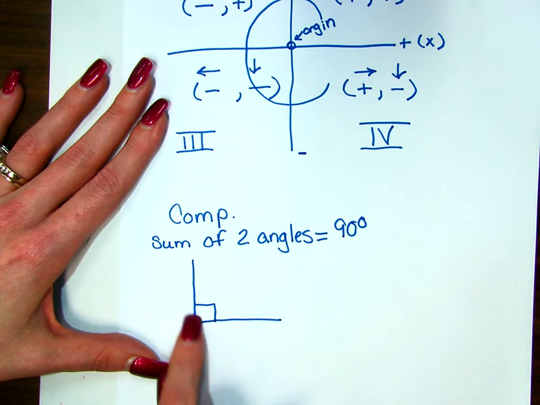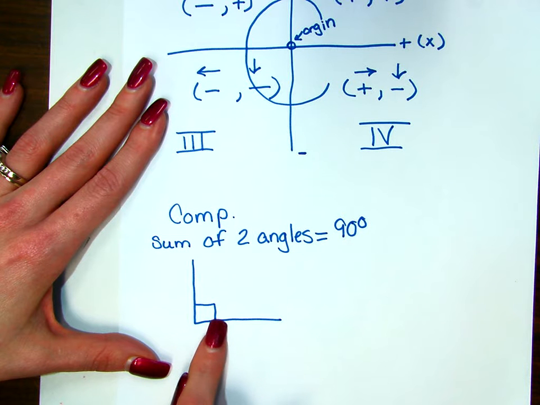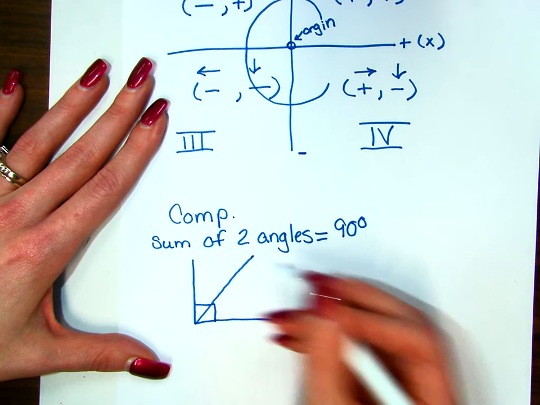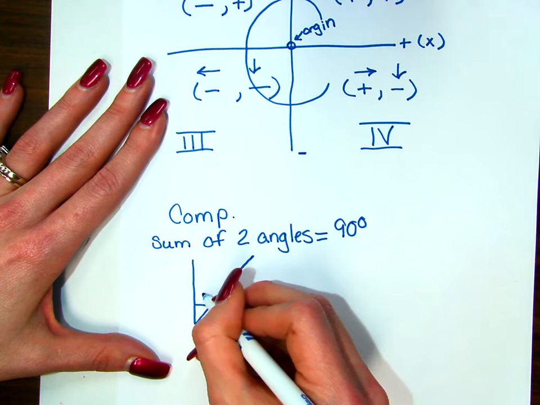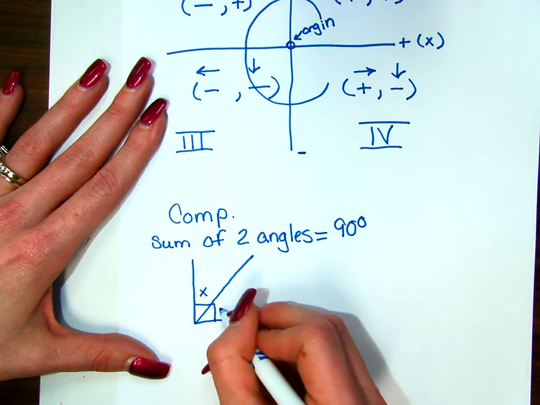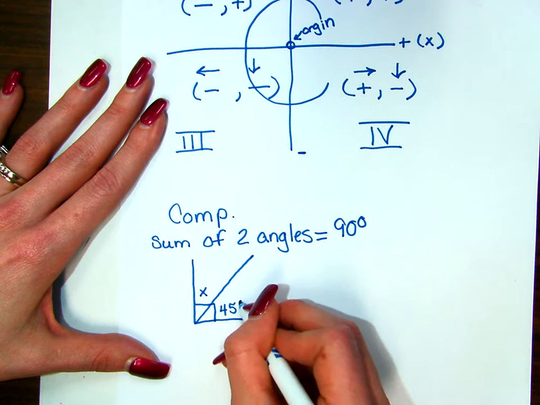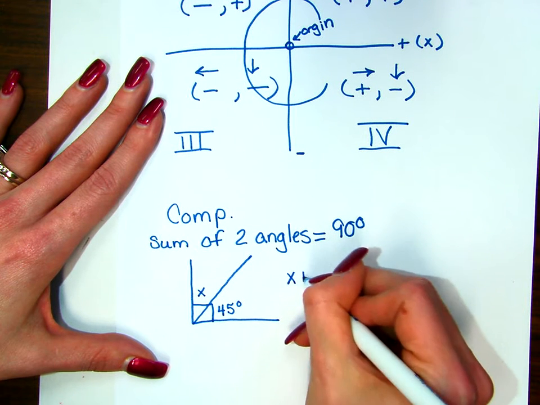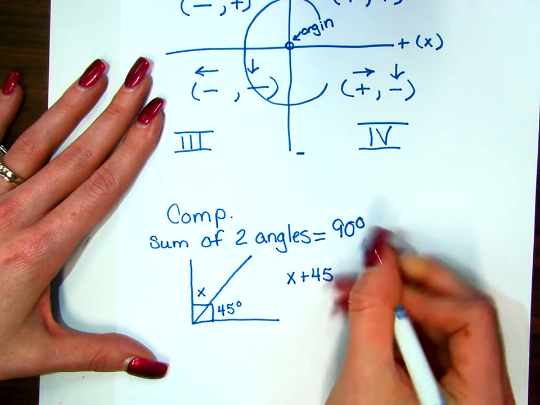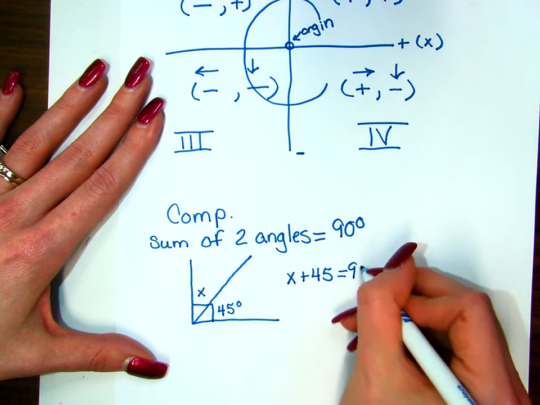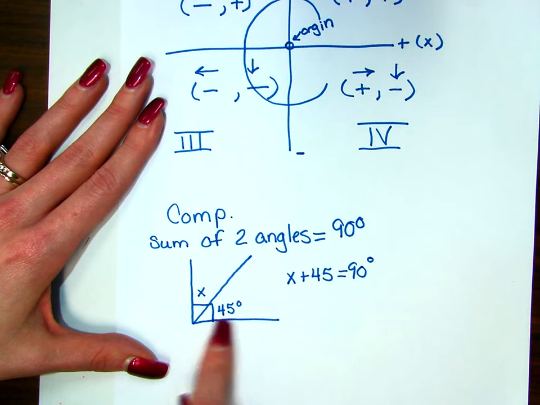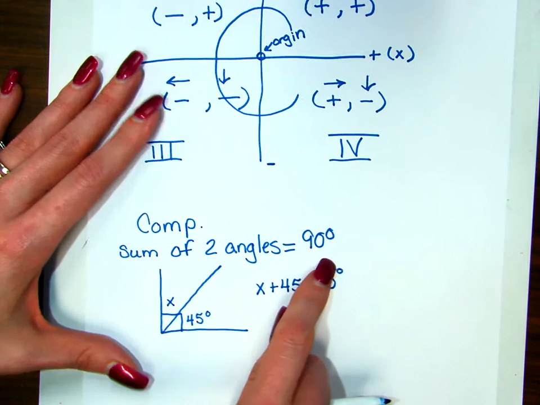And remember, the square here tells you that it is a perfect right angle. So usually complementaries will look like this, and they might say an X here, and they might say this one's 45. So to set up the equation, then you would say like X plus 45 is going to total 90. So if you see a right angle, which are complementary angles, you know that they're equal to 90.